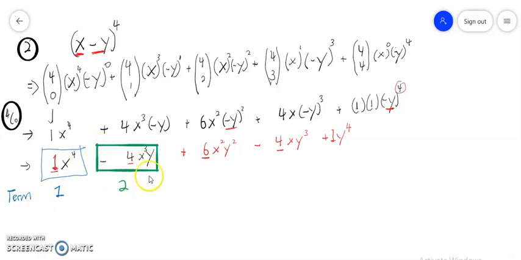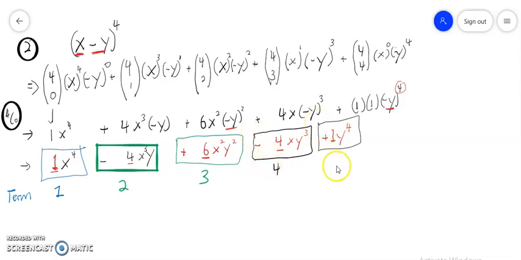If it's negative, please include it. And this is term 3. And I use a different color for this. This is term 4. And the last one here is term 5.